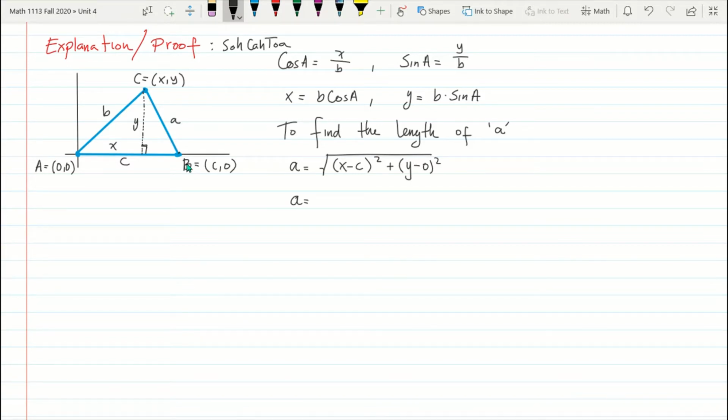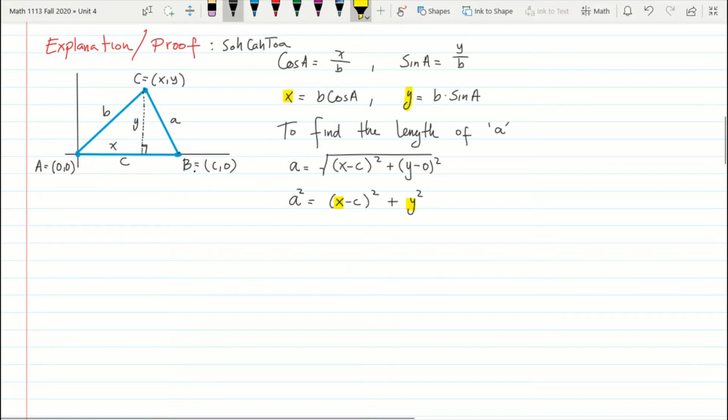Or if we get rid of the radical, a squared is equal to x minus c squared plus y squared.